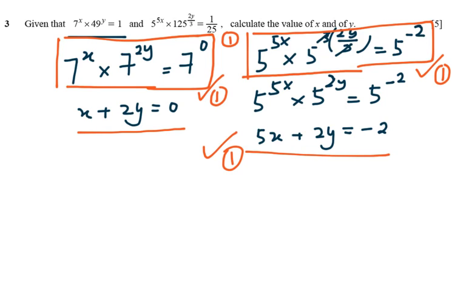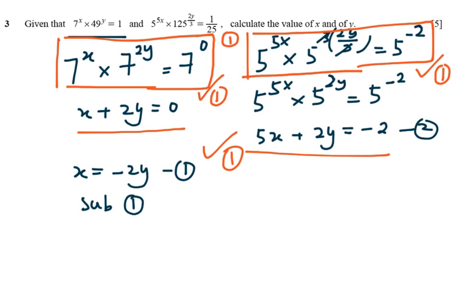Lastly, you have to solve the equations simultaneously to get your values of x and y. So let's proceed to solve it by using substitution. So we can write x equals negative 2y. So when you have equation number 1, this is your equation number 2.